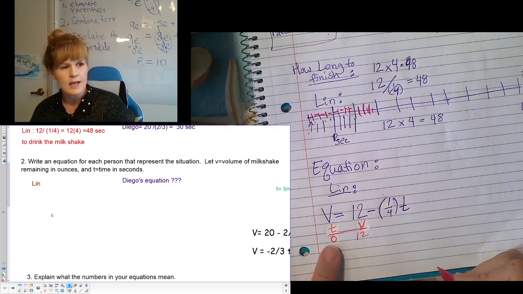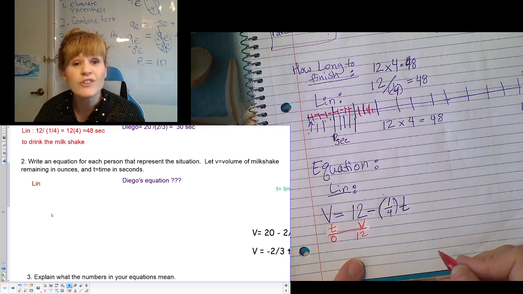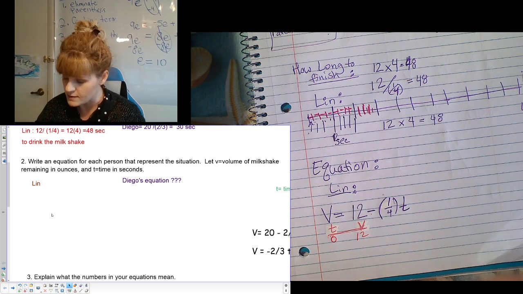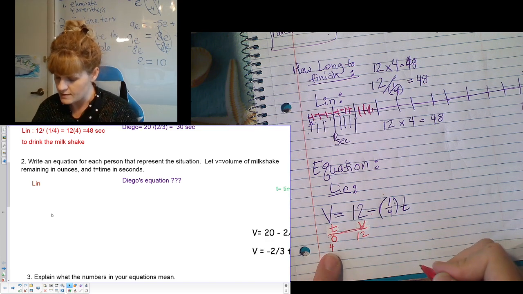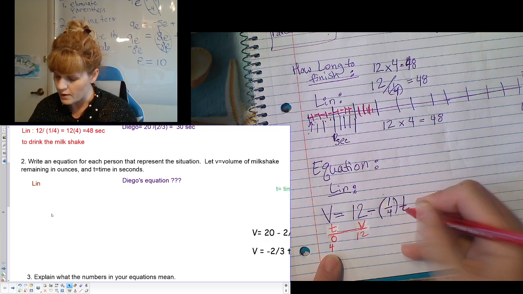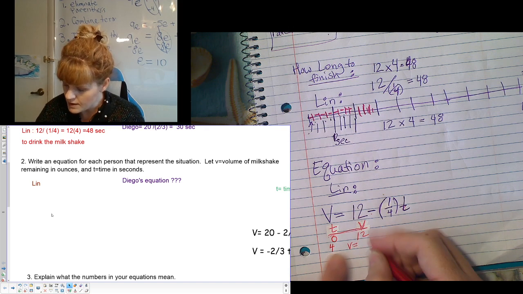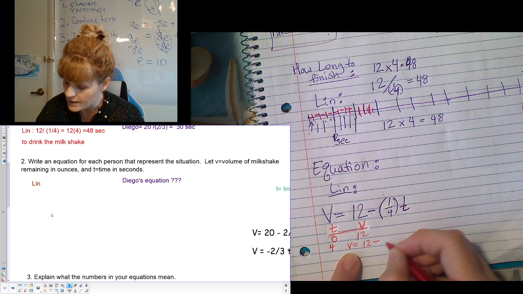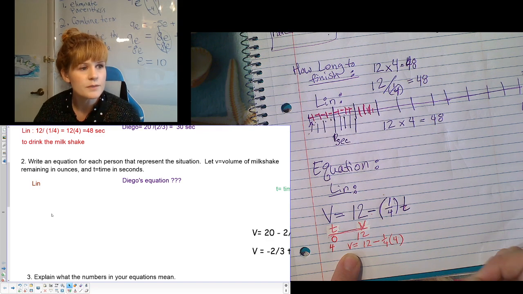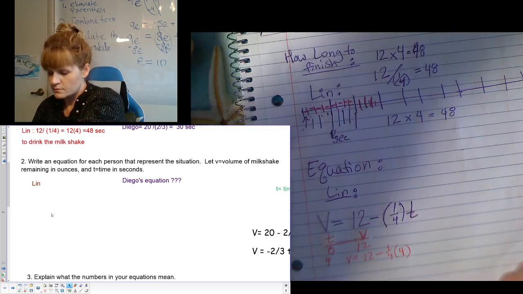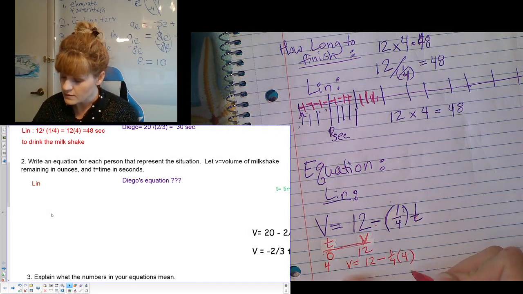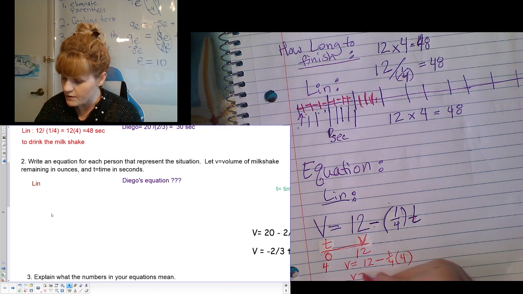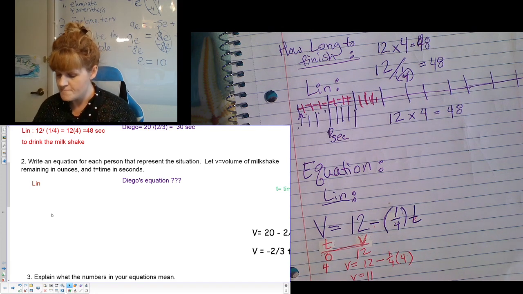At the starting time, the volume is the full 12 ounces. Now I'm going to jump ahead and look at 4 seconds. When T equals 4, volume equals 12 minus 1/4 times 4. 1/4 times 4 equals 1. So 12 minus 1, that volume equals 11.